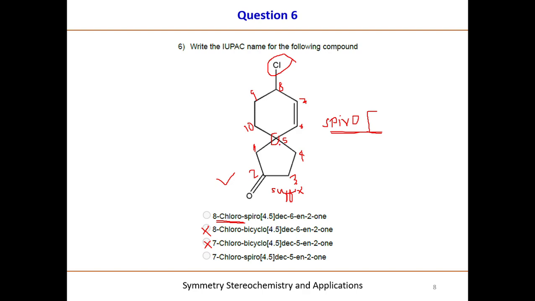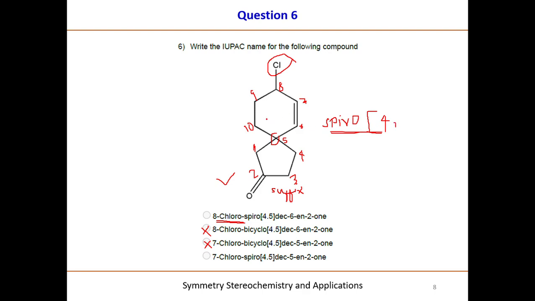Apart from it, we have 4 carbon atoms in the smaller ring. Because this is the shared carbon, we will not consider it as part of the smaller ring or the bigger ring. So we write 4.